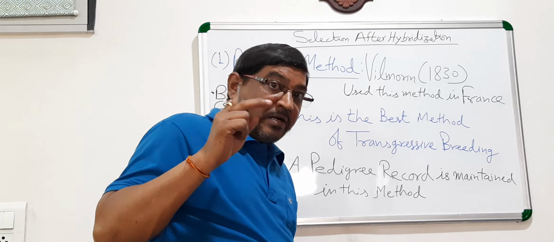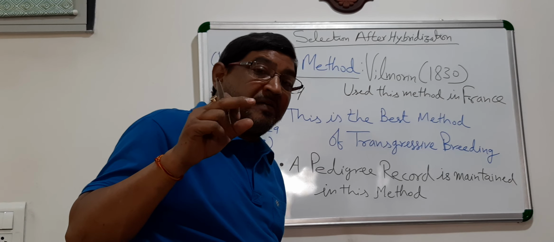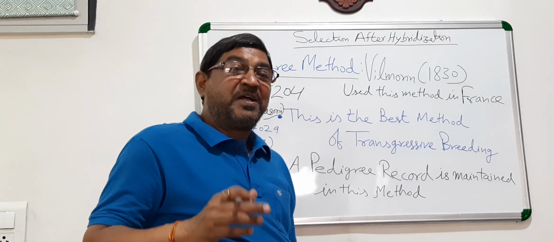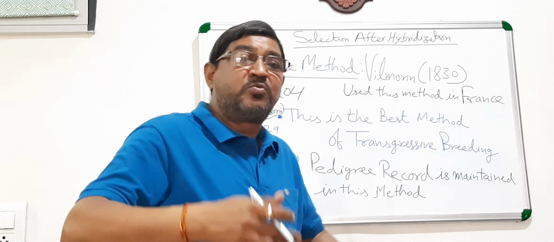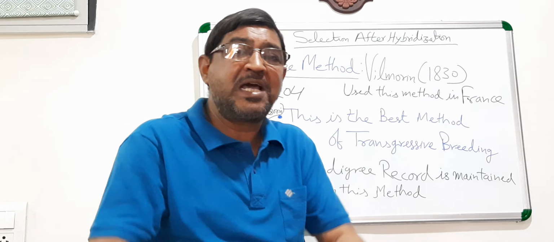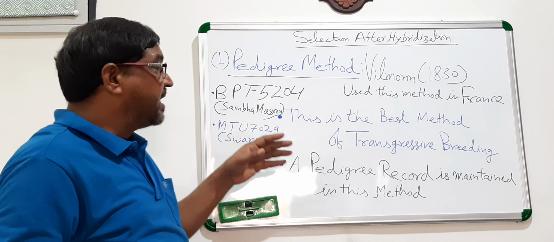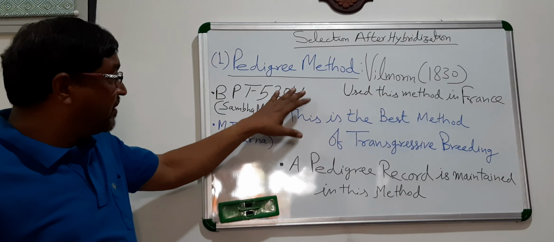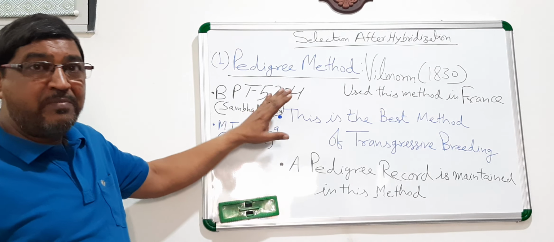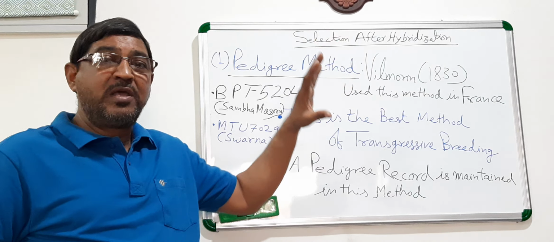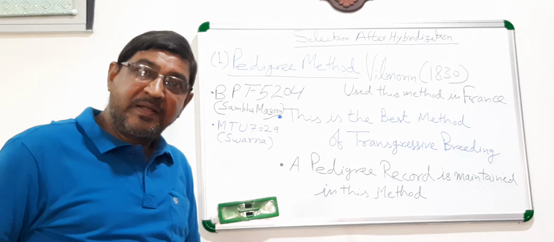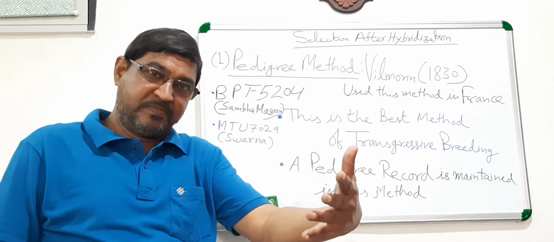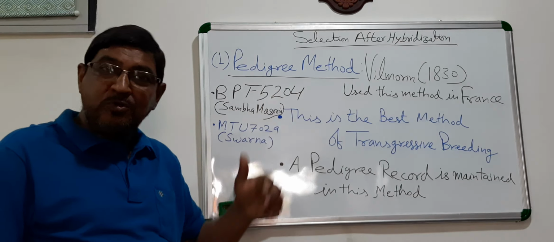So come to transgressive segregants, because through transgressive segregants we are going to develop an entirely new variety which is not available. Say, for example, if I am developing by crossing these two, a variety which is equally yielding as M27029, but very good in cooking quality like BPT5204.